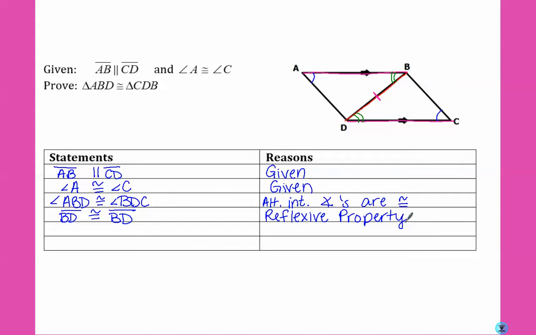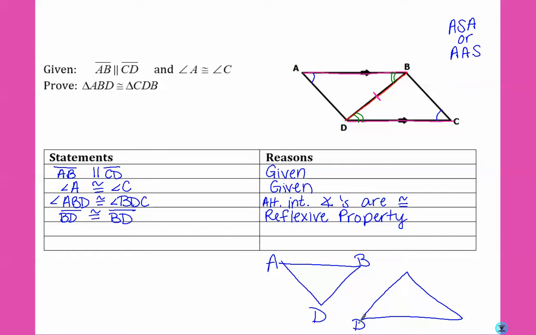Now looking at our triangles, we have two angles and one side marked. The question is, is it angle, side, angle, or is it angle, angle, side? It may help you to separate the triangles and transfer the markings.